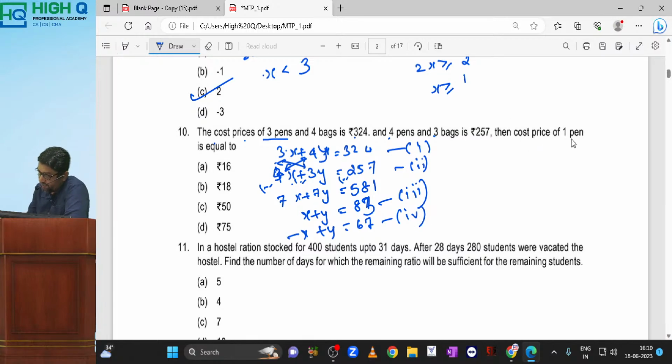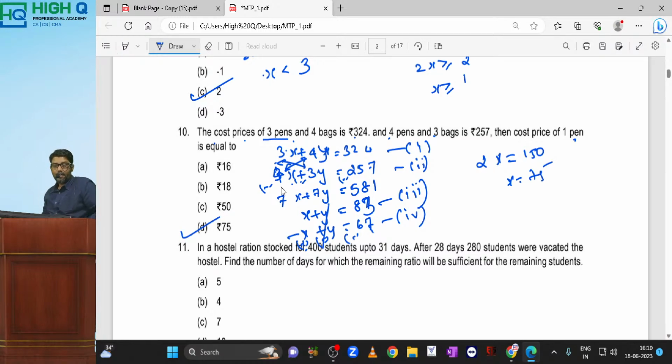Now, we need to find out the cost of 1 pen. Pen is nothing but x we have taken. So, I need x. So, add both the equations. Y gets cancelled. 2x is equal to 83 plus 67, which is nothing but 150. So, x is 75, my dear. Cost of 1 pen is 75 rupees.